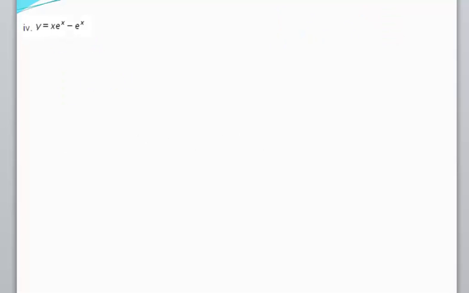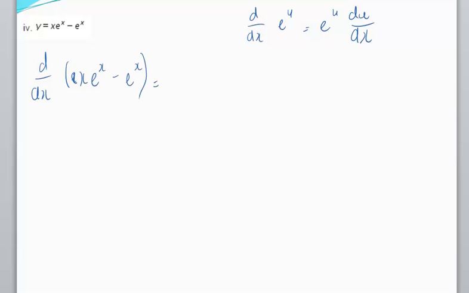For our further examples here, we write out our formula. d/dx of e to the u is e to the u du/dx. So here we've got d/dx of x e to the x minus e to the x. So we've got to bring in our other rules from earlier now.